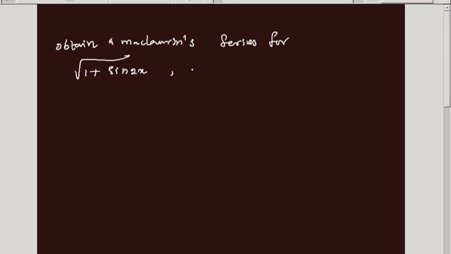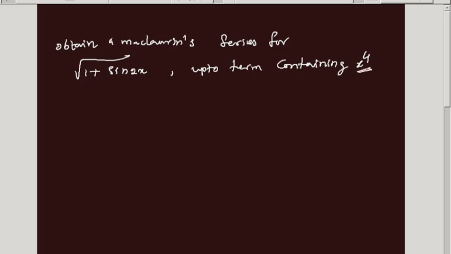Obtain a Maclaurin's series for square root of 1 plus sin 2x, up to the term containing x power 4.